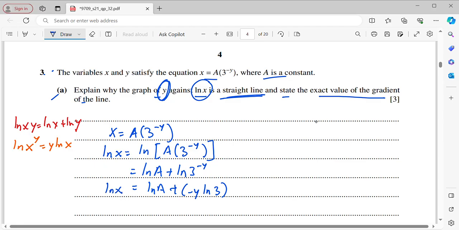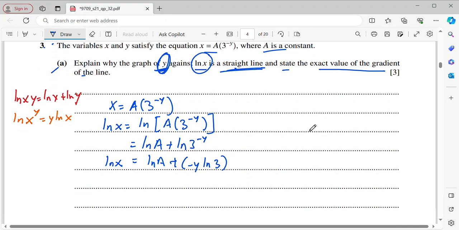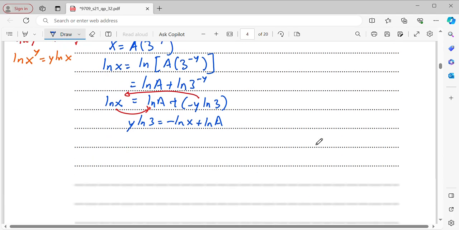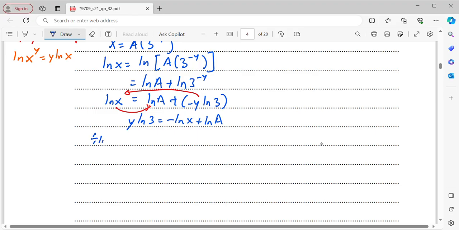But now I need to prove that it is a straight line when y against ln x. That means now I have to rearrange. So I will move this negative y ln 3 to the left side and the ln x to the right side, so that y will be the subject. I will get y ln 3 equals to negative ln x plus ln a. Then at last, the whole equation divided by ln 3.